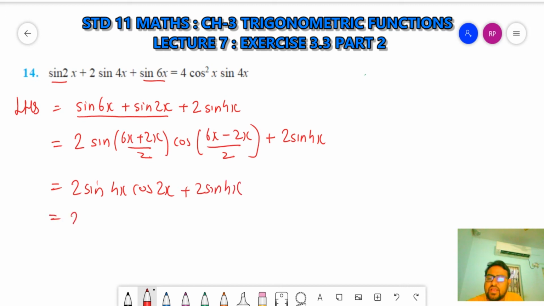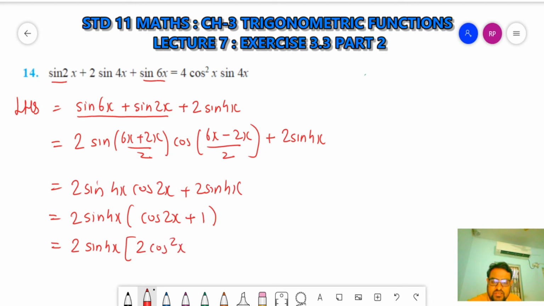So I will take 2 sine 4x common. So here I will get cos 2x plus 1. Now I will use the formula for cos 2x. 2 sine 4x, and for cos 2x I will use 2 cos square x minus 1, because here it is plus 1.